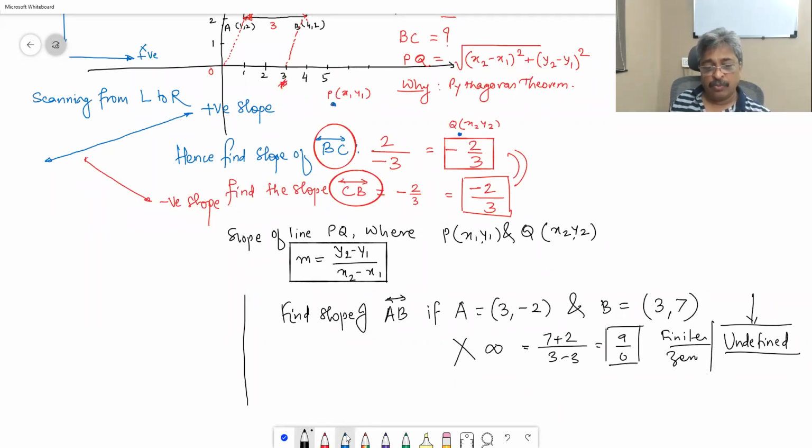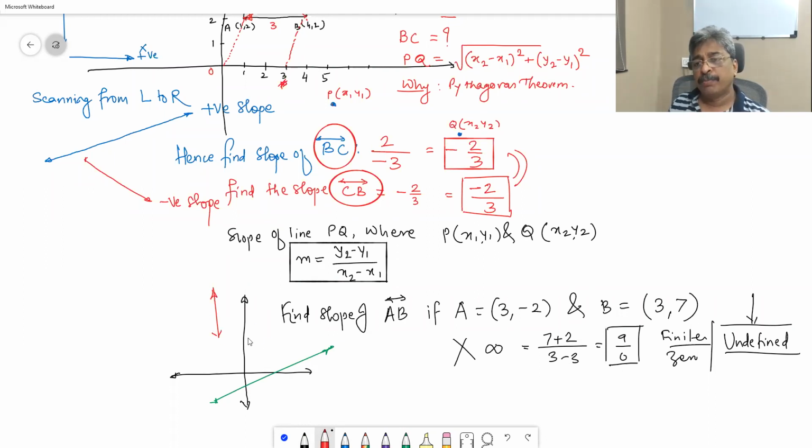Okay, so there are two families of straight lines in the XOY plane. XOY plane means the plane under consideration where there is an x-axis as well as a y-axis. In this plane, there are two types of lines as far as slope is concerned: the ones which have a slope and the ones whose slope is undefined.